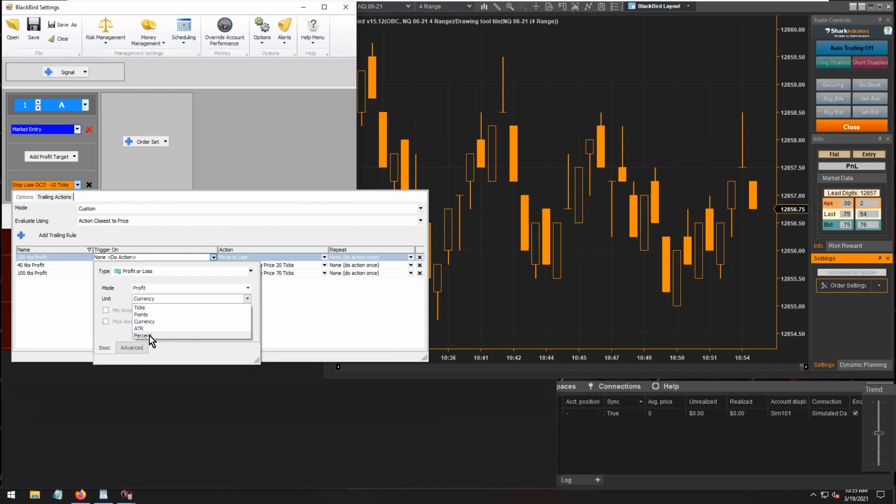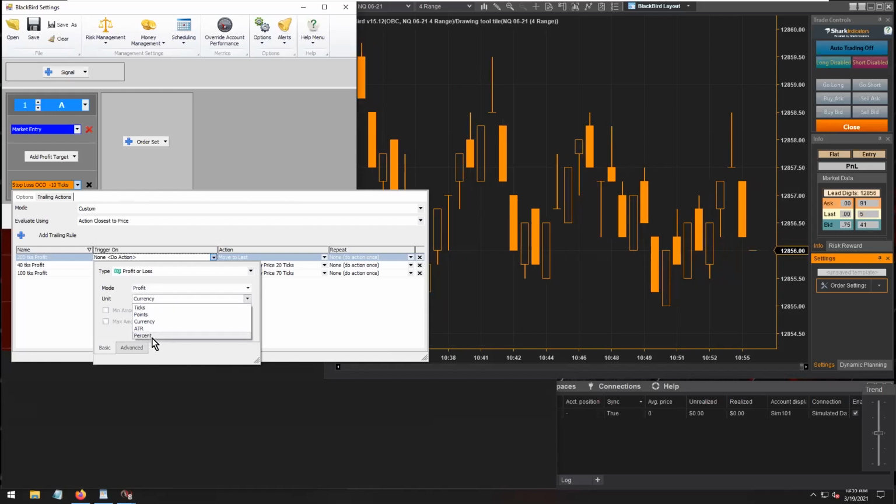Since we have a specific denominator that's specific to this situation, we are able to provide a percentage here, but that's a percentage of profit. That's not a percentage offset from the entry price. Remember, this is a profit or loss, so this is looking for a percentage of profit.